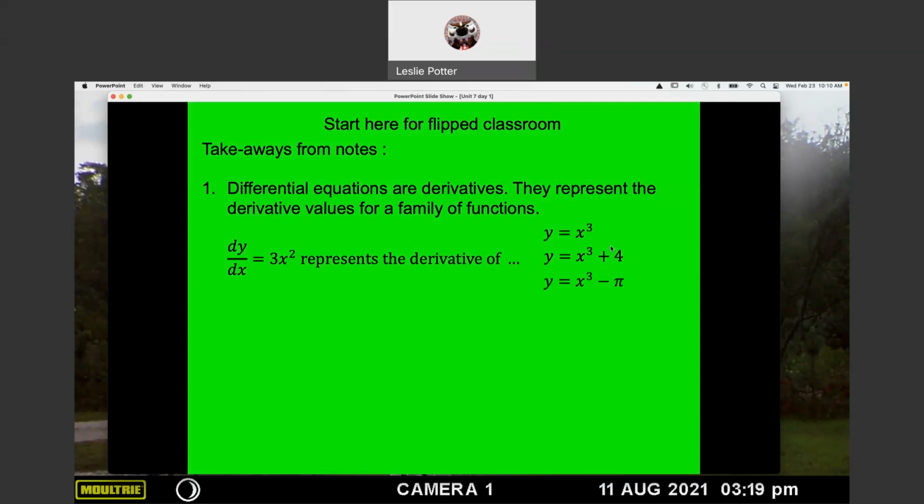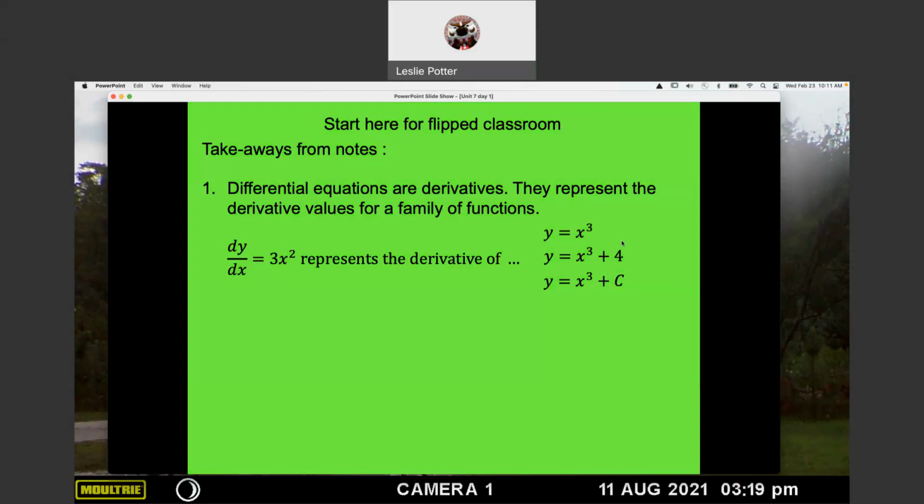Or how about x cubed minus pi? Pi is just a constant. So just like you said a moment ago, it represents that general family of functions, x cubed plus c, where c is a numeric constant. Differentiate it, it's 0, so you get 3x squared.